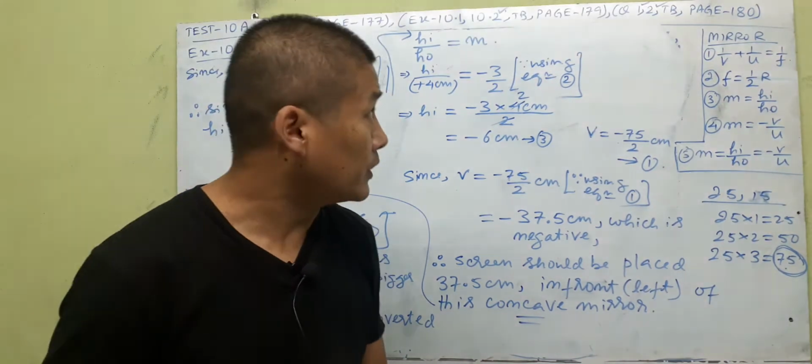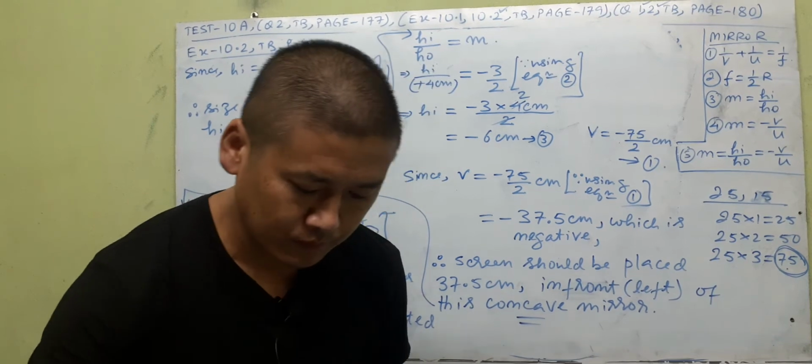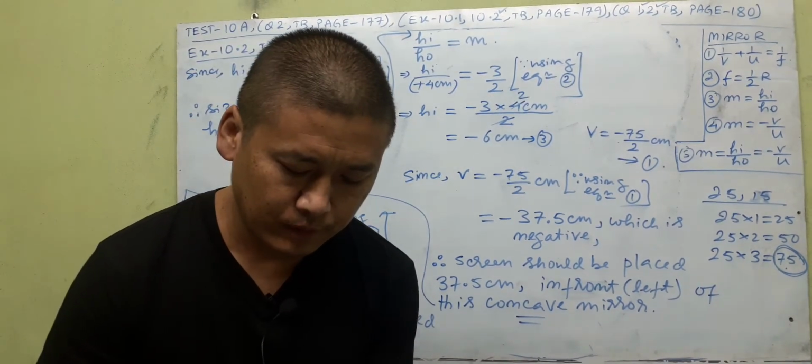Okay, so page number 180. There in the box you can see the blue letters.